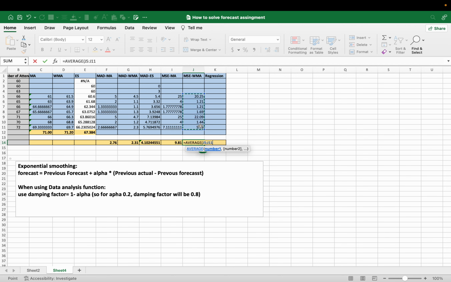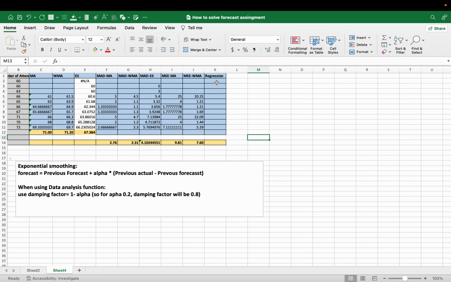And if you take average, that gives us something, if 7.59, or if I reduce decimal places, I get 7.60.